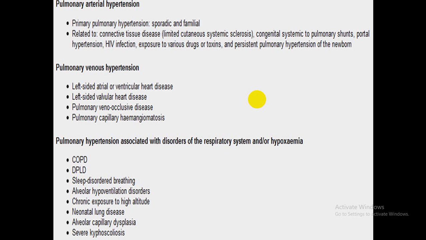So these are the causes of the pulmonary hypertension. We have pulmonary arterial hypertension, we have pulmonary venous hypertension, and we have pulmonary hypertension secondary to lung disease.